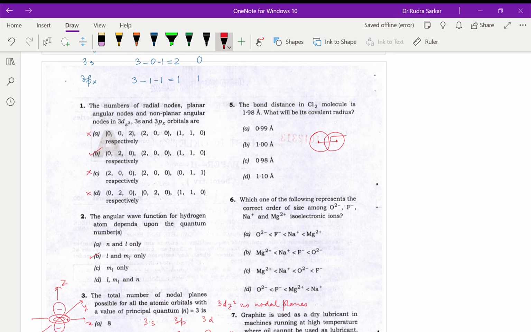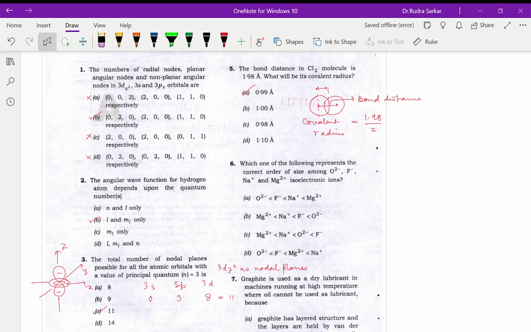So this is the, obviously, bond distance, and that is given to be 1.98. So the covalent radius will be what? Just the half of it. That means we are talking about this distance. Okay, this is the distance we are talking about. So the answer here should be 0.99.